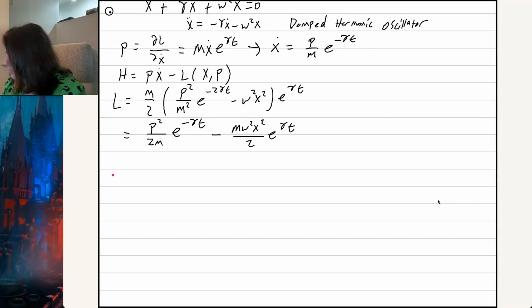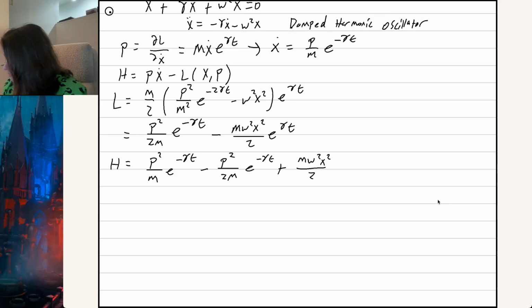Now we have everything that we need to do the Hamiltonian, which is going to be p squared over m e to the minus gamma t minus the Lagrangian, so minus p squared over 2m e to the minus gamma t plus m omega squared x squared over 2 e to the gamma t.